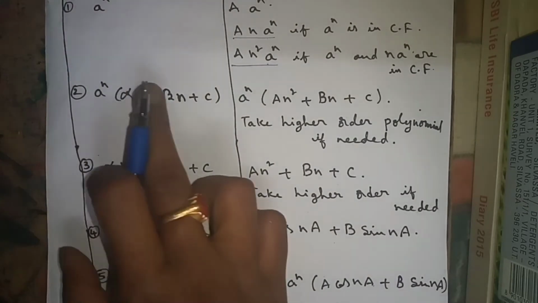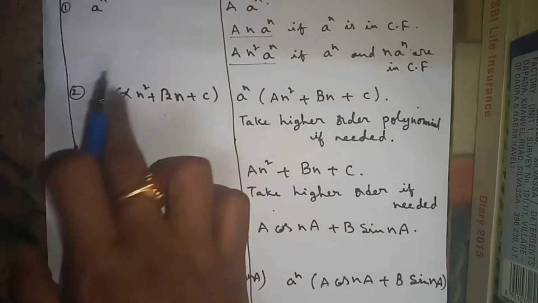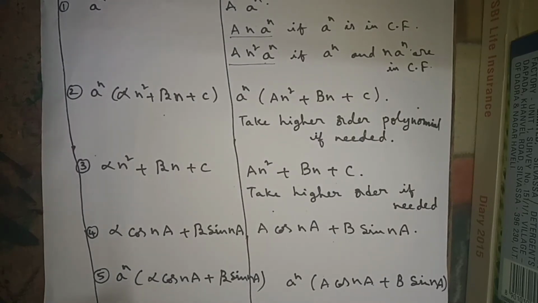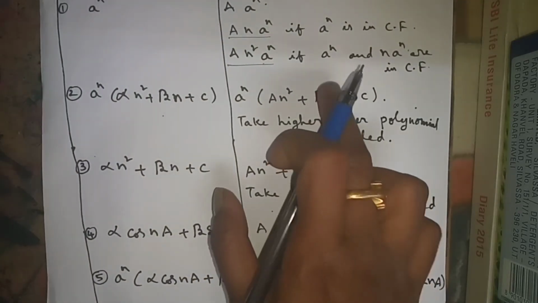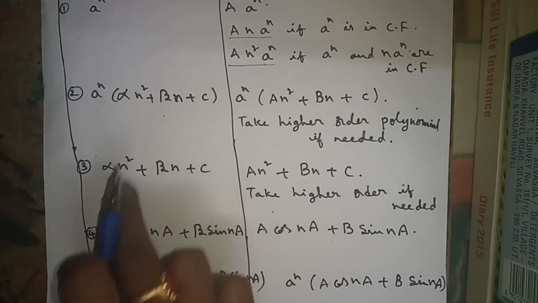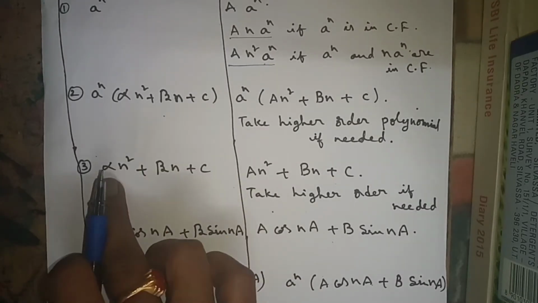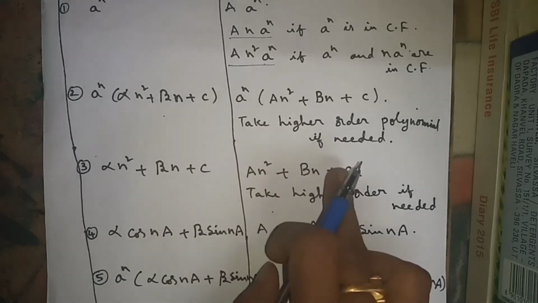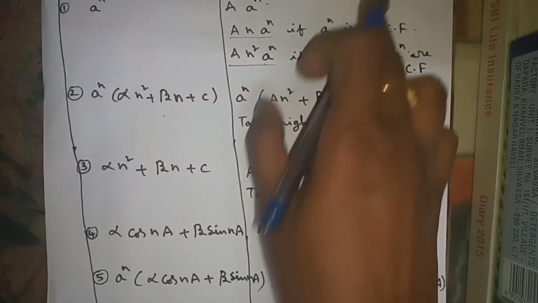Now, if the RHS is in the form of a to the power of n into (alpha n square plus beta n plus c), this will become the particular integral. If the RHS is simply alpha n square plus beta n plus c, then A n square plus B n plus C will become the particular integral.